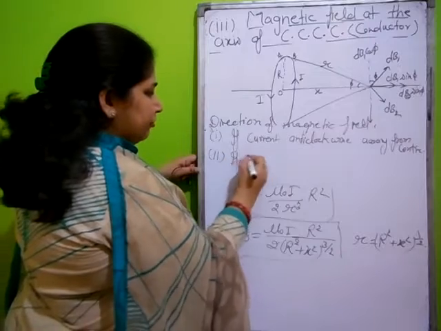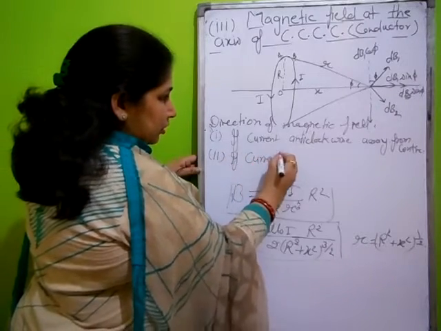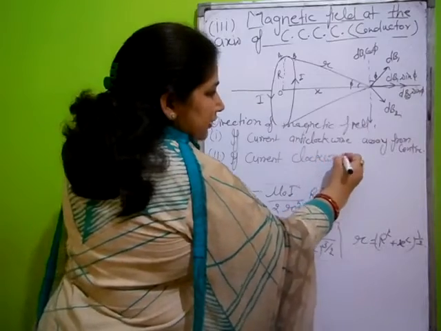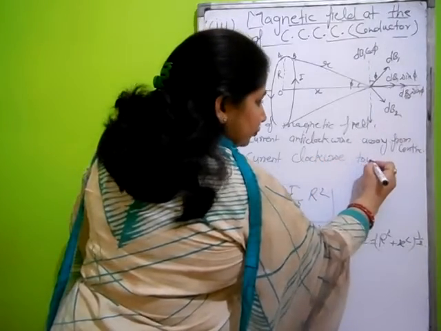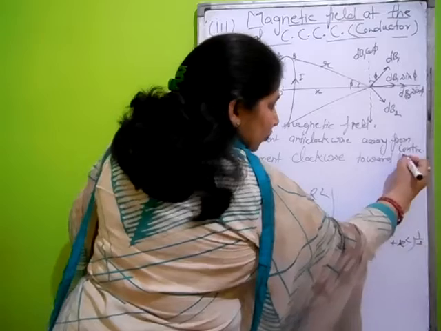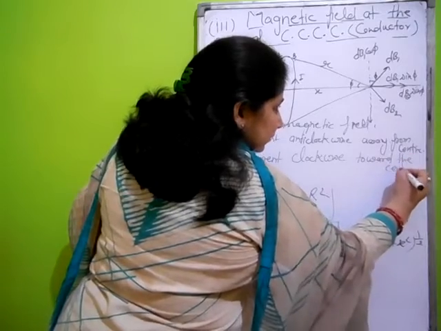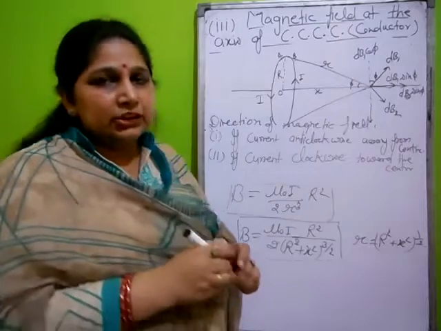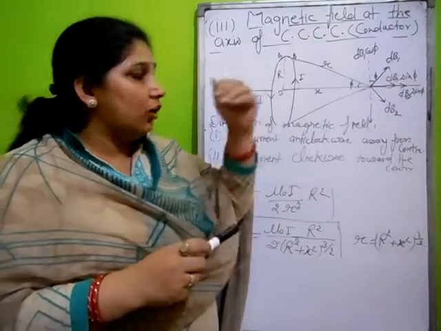Second, if the current is clockwise, then it is towards the center. These are the directions of the magnetic field at the axis of the current carrying coil.